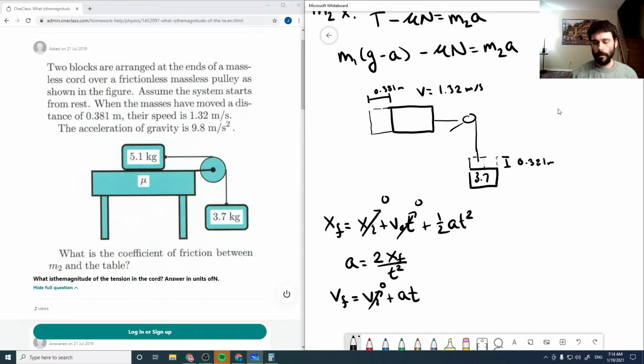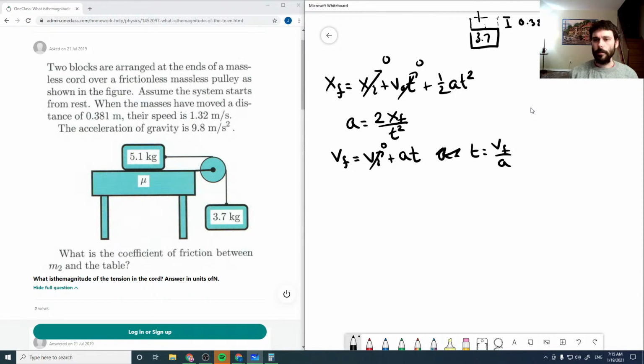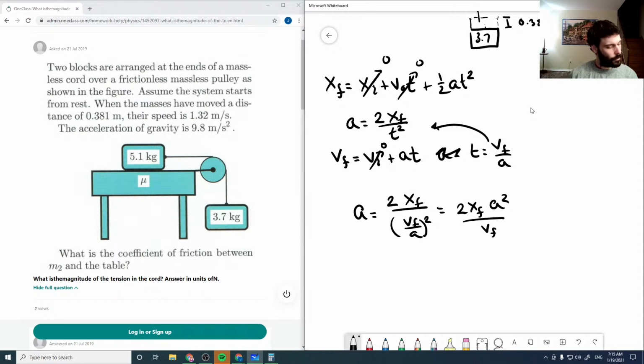Again, starting from rest, to say that our time is Vf over A. And so we can plug this equation into this one to say that our acceleration is 2 times xf over vf over a squared, which is 2xf a squared over vf.